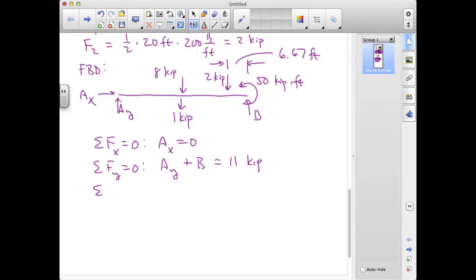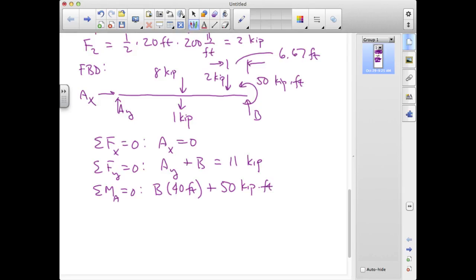And if we take moments about A and set that equal to 0, we have, from our force reaction at B, a counterclockwise or positive contribution of B times 40 feet. Then we have our 50 kip-foot force couple.